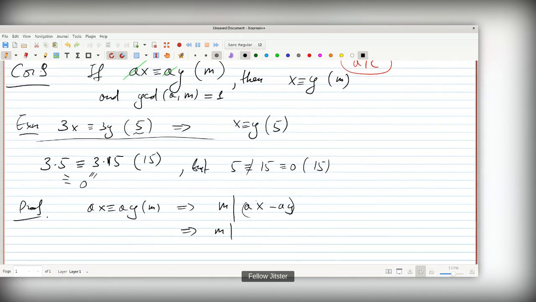That is, m divides a multiplied by (x minus y). But given m and a are coprime, we have that m divides x minus y. So x and y are congruent modulo m.